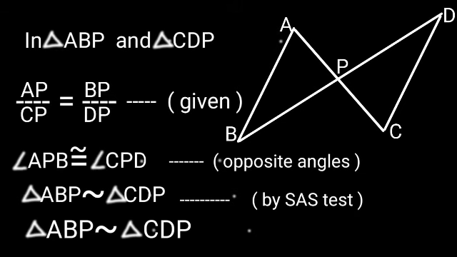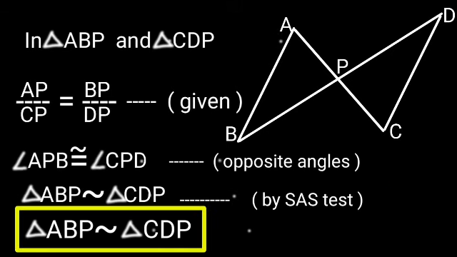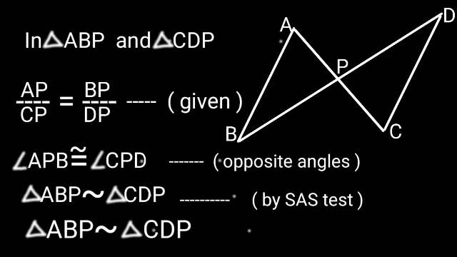The reason is opposite angles. Hence, triangle APB is similar to triangle CDP by the SAS test. Thus, we have proved that triangle APB is similar to triangle CDP.